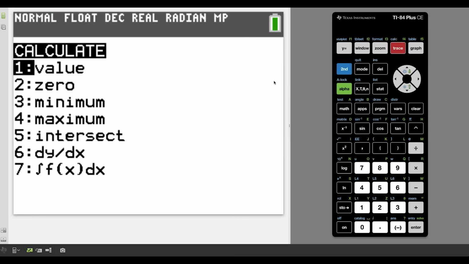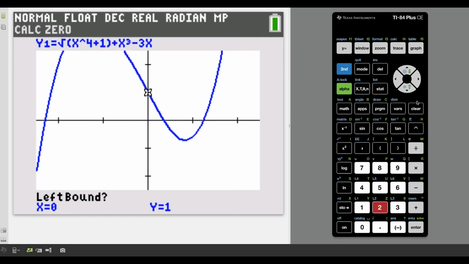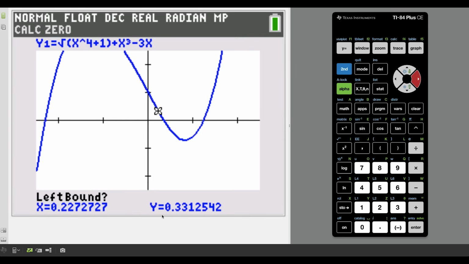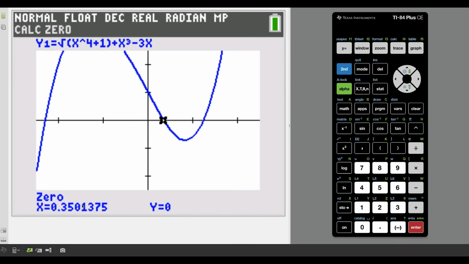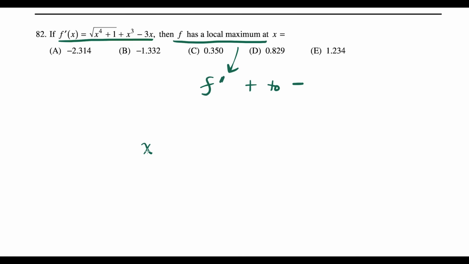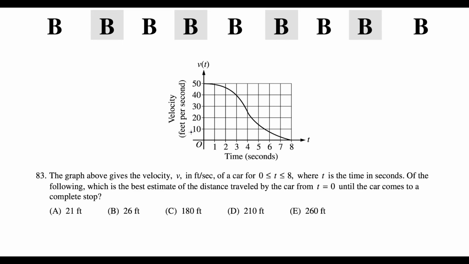So we're going to do second trace, number 2 tells us the root. Remember, we're tracing the root where f prime changes from positive to negative. Notice we have positive values of y. We press enter, scroll to the right until we go negative, hit enter a second time, enter a third time, and we've got 0.350. So the sign change occurred at x equals 0.350, and this corresponds with choice C.